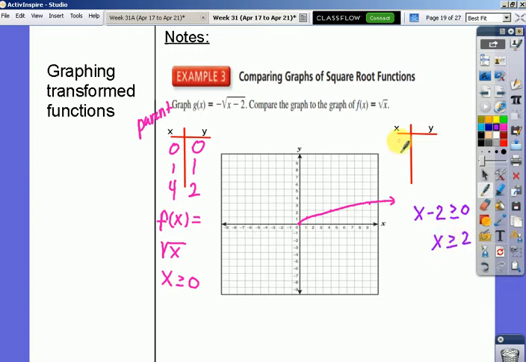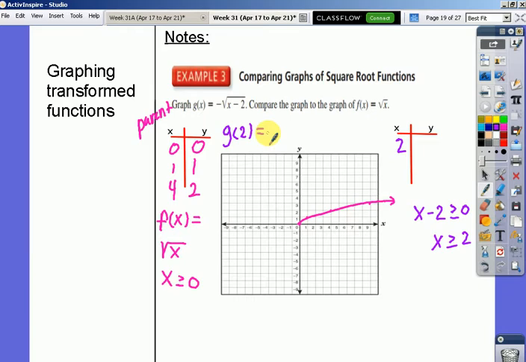So pick 2. Plug in 2. When you plug into the g of x, what do you get for g of 2? What's the value of g of 2? Yeah, right. 2 minus 2 is 0.